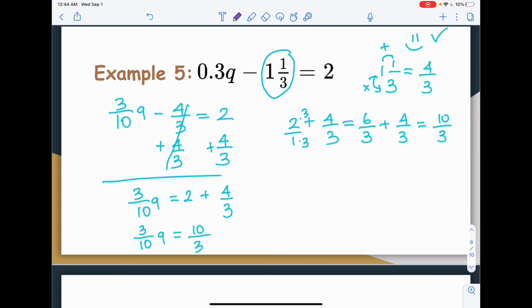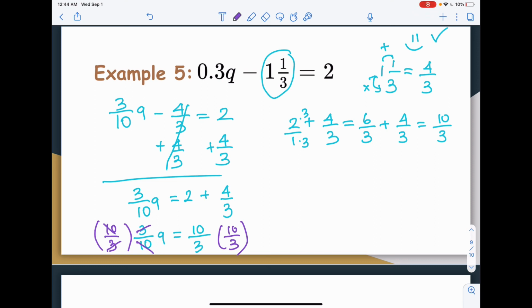We're almost there. Now we have to isolate q by multiplying both sides of the equation by the reciprocal of the coefficient. So let's multiply both sides of the equation by 10 over 3. And cross cancel. And we have only 1 left on the other side as the coefficient of q.